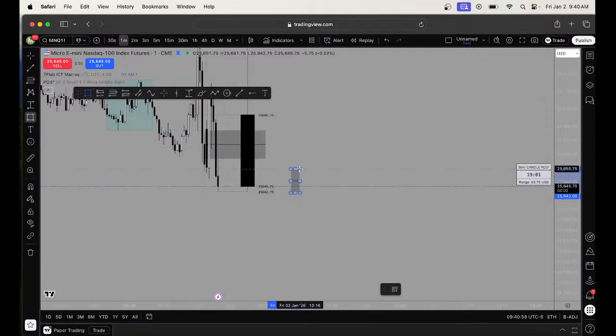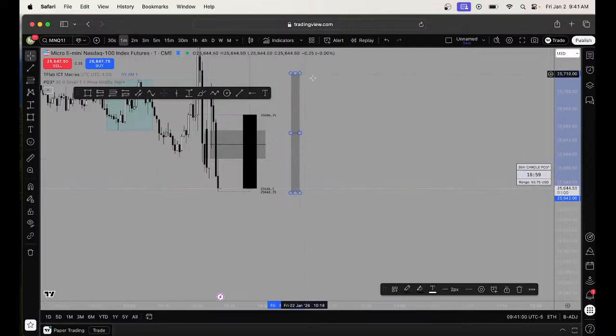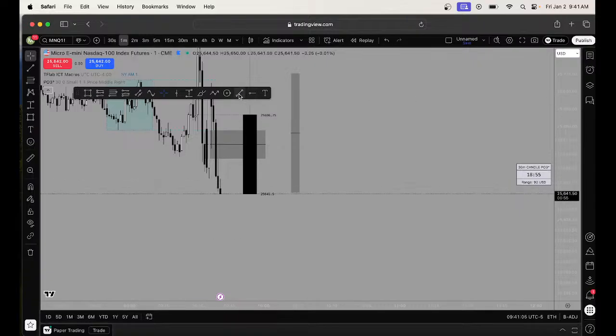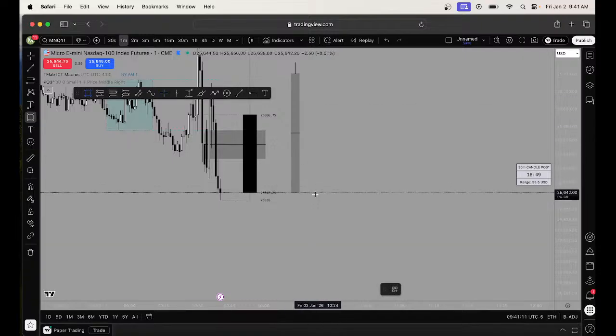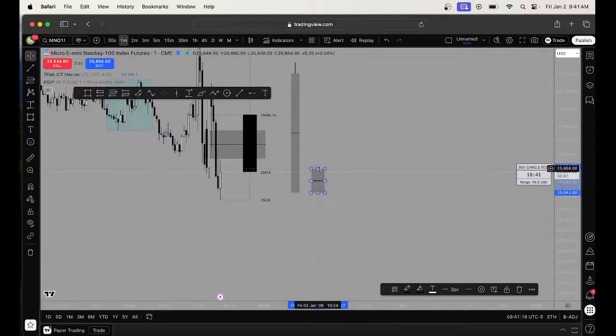Let me see. Okay, so let's say you have a clean bearish candle. We closed and now we open, right? It manipulates lower or something. It could do whatever. It works sometimes.